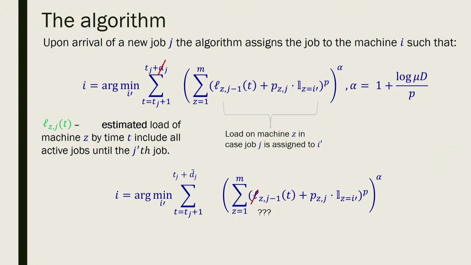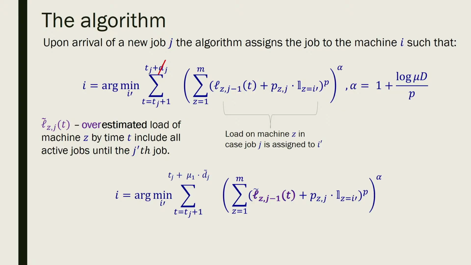And the trick, which is a bit surprising, is that I have to use the maximum possible duration. Instead of using the actual duration, I'm choosing the correct parameter in my equation.